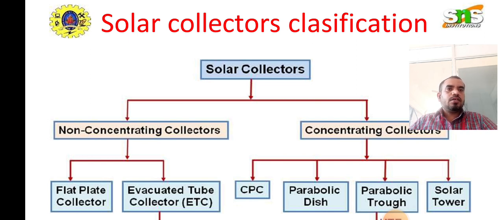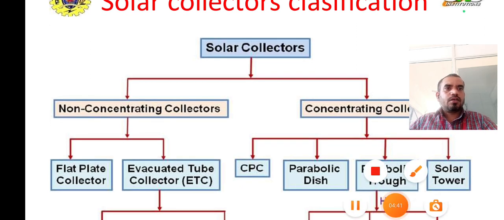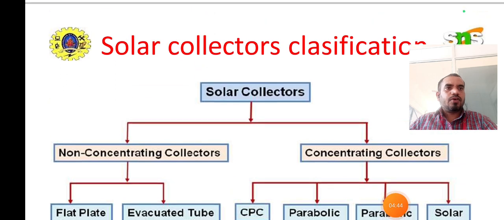When the radiation is transferred to it, the temperature of the fluid keeps on increasing, leading to the overall temperature generation. In non-concentrating or concentrating collectors, when it comes to liquid, we majorly use water, and when it comes to gas, we use air. But there is also solar liquid which can be used in this type of collector.